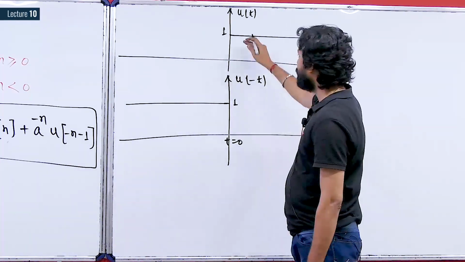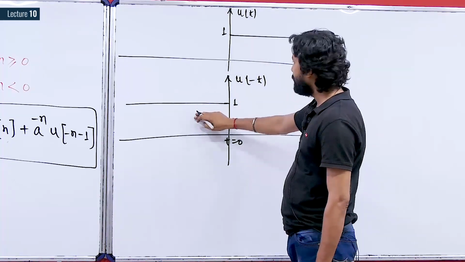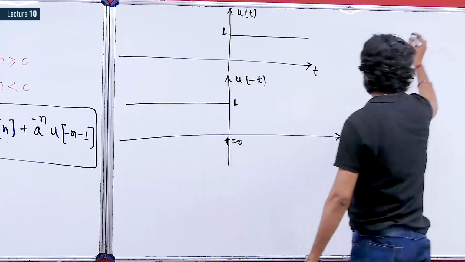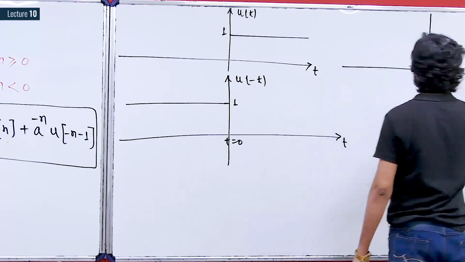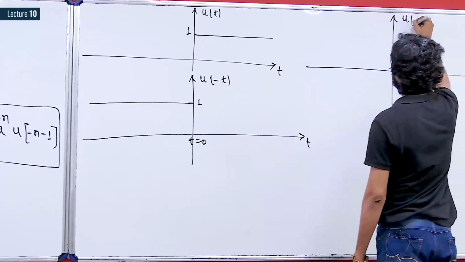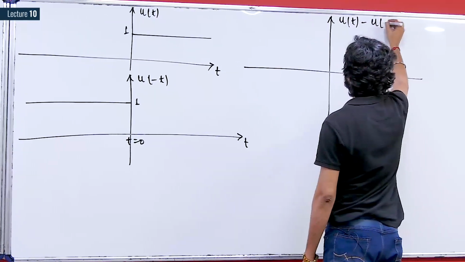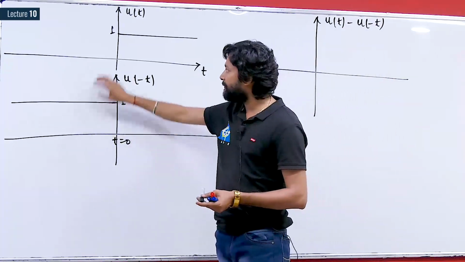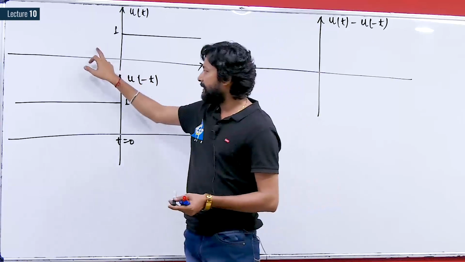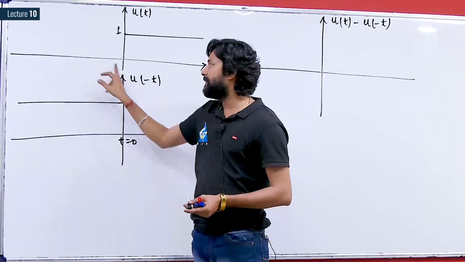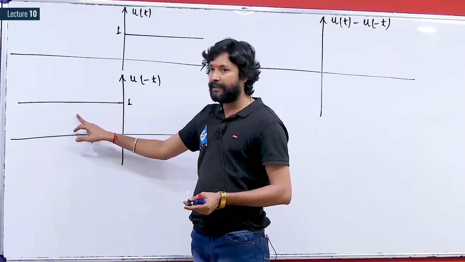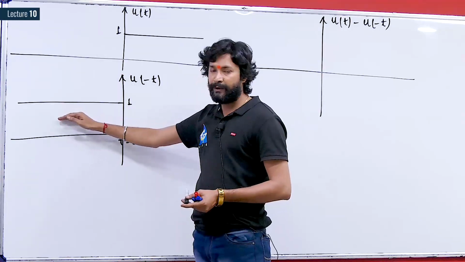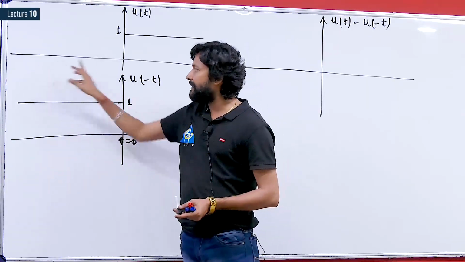So now if you subtract this signal from this signal, that means if you find the value of u of t minus u of minus t, what will we obtain? You are subtracting this signal from this signal. This signal has value 0 from minus infinity to 0 and that one has value 1. So 0 minus 1 will give you minus 1 from minus infinity to 0.